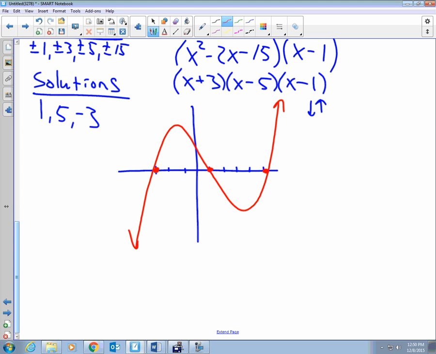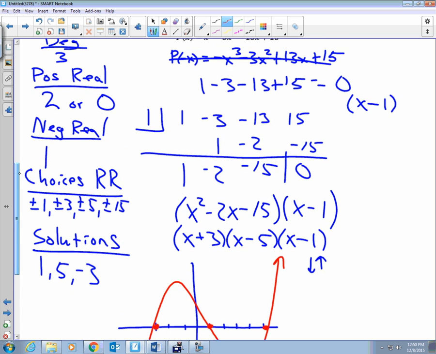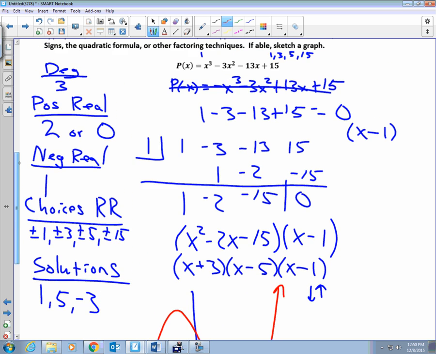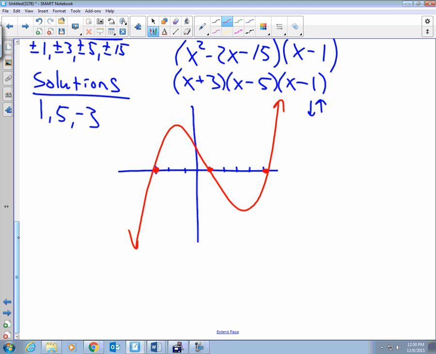That graph goes exactly like that, from negative 3 to positive 1 to positive 5. If you wanted to, you could even mark the y-intercept. What is the y-intercept? 15. If you wanted to, you could.